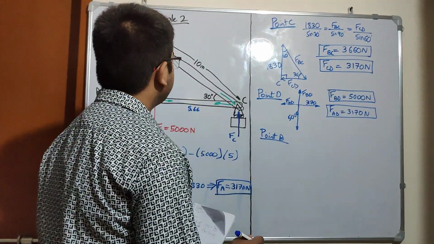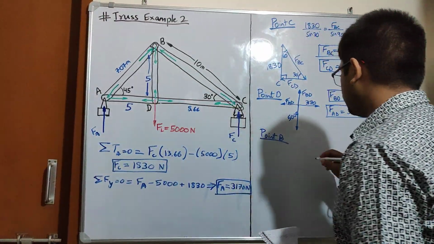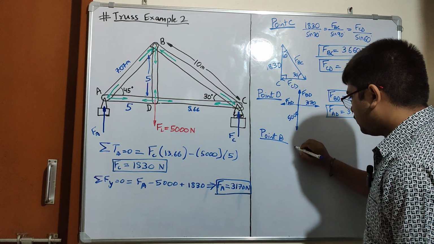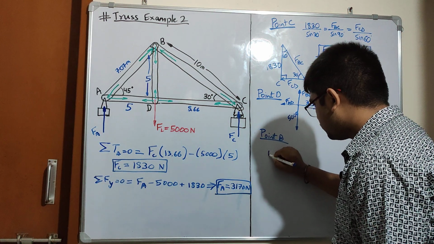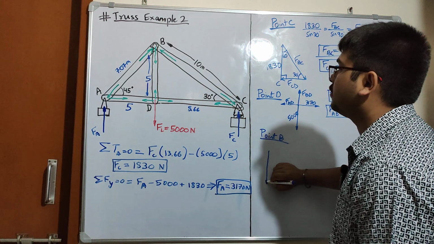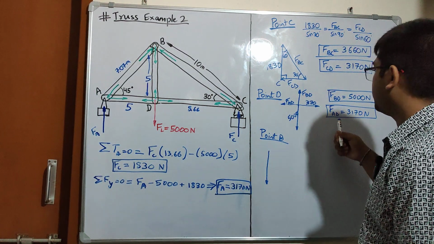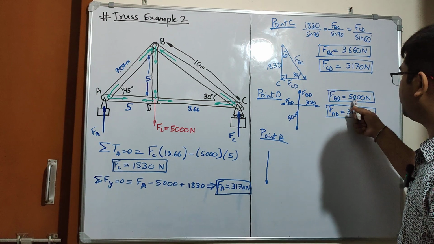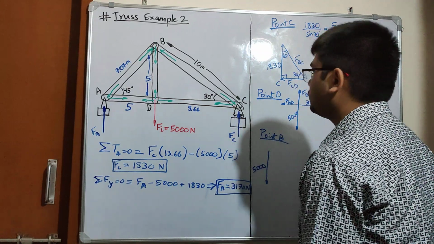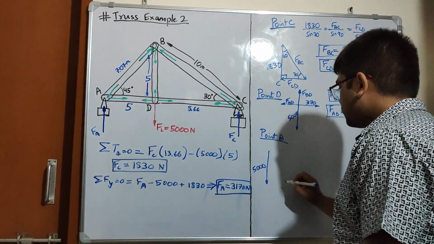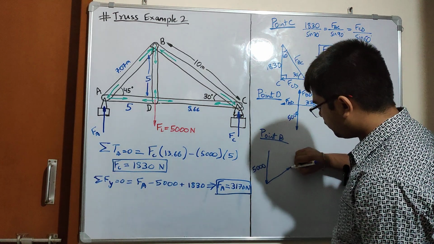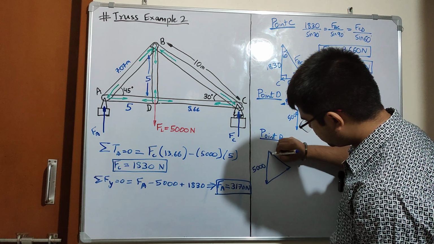One is in the downward direction, that we know, that is FBD, 5000. The second force is in this direction, and the third force is in this direction.